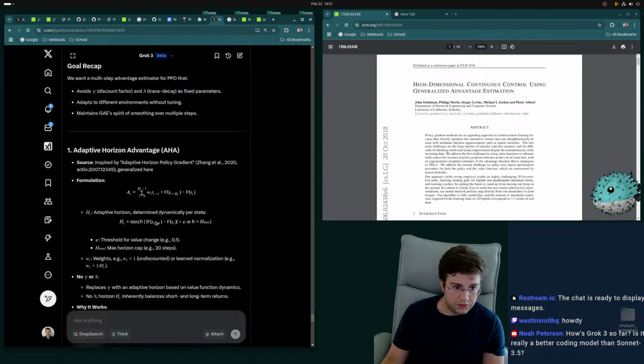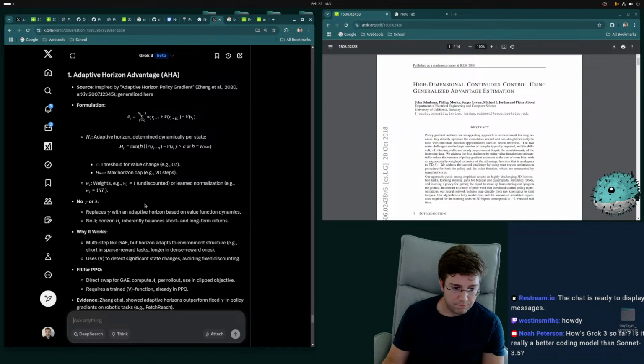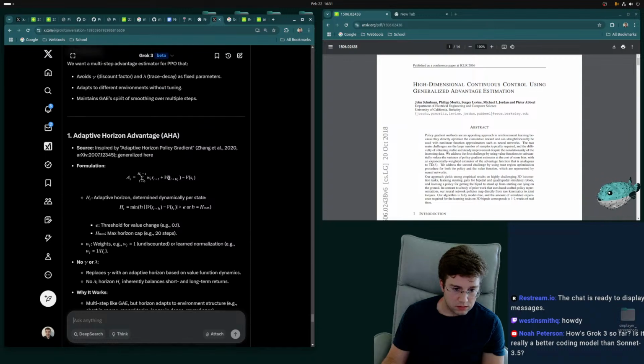Hang on, what's this? Adaptive horizon policy gradient. Advantage is going to be the sum of one over h_t, okay, plus, okay, so it's an adaptive horizon difference, which is determined dynamically per state.